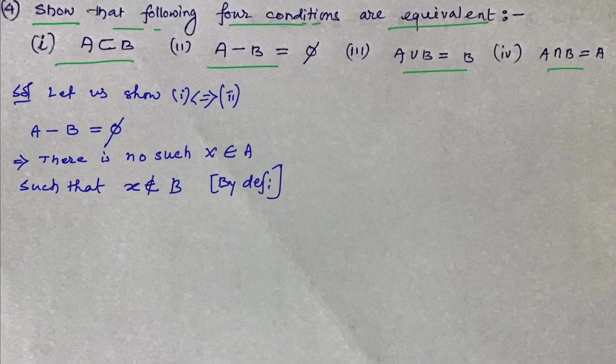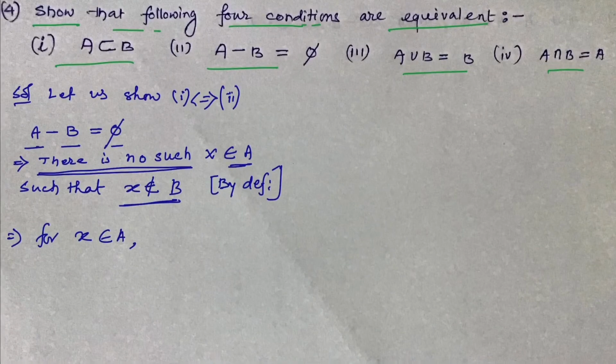So here you see, if A minus B is phi, then by definition there should not be any element in A which doesn't belong to B, which means for all x belongs to A, x belongs to B, which means A is a subset of B.